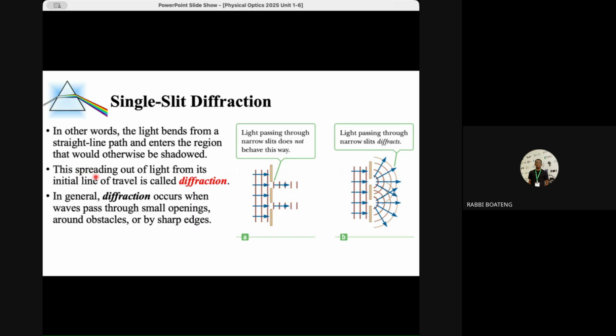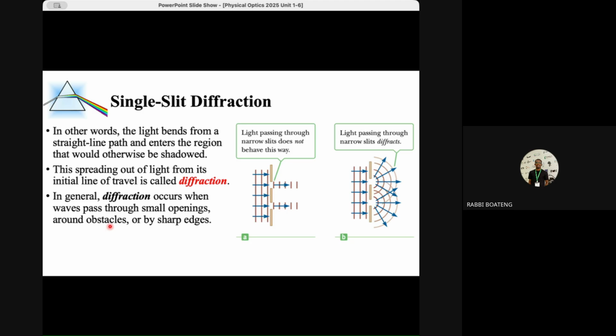So this is the spreading out of light from its initial line of travel. Is that okay? The initial line of travel is going straight in this manner. It exits at this end, then you see there's a spread out. It goes to where it wants to go. And diffraction will occur when light passes through an opening or around an obstacle.